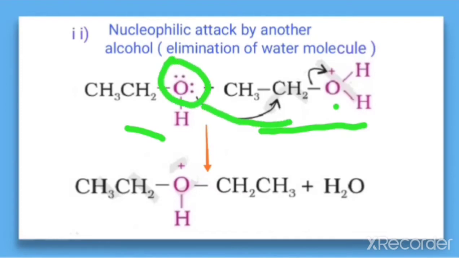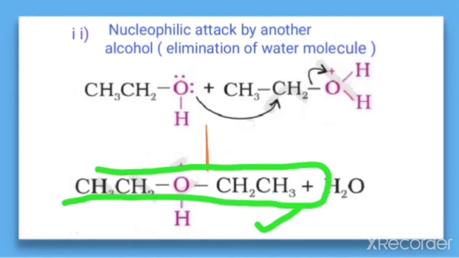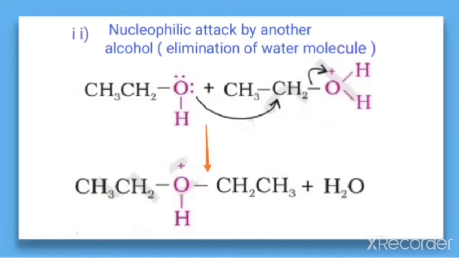So a nucleophilic attack takes place that results in the formation of this compound, which is called protonated ethoxyethane, or also called oxonium ion. This is actually protonated ether. Why? Because this part is ether, having H and a positive charge on oxygen, that is protonated ether, which is called oxonium ion. So the oxonium ion is formed in the second step.